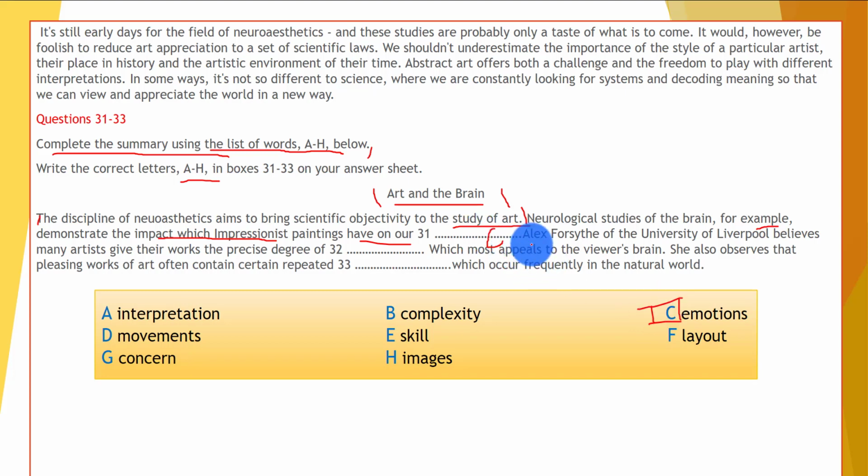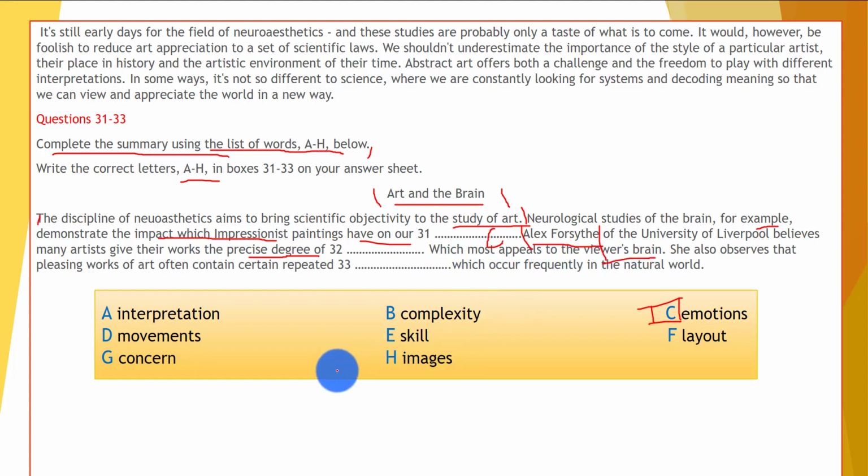Now let's go to the second question. Alex of the University of Liverpool believes many artists give their works the precise degree of something which most appeals to the viewer's brain. Okay, Alex is our keyword, and we're going to scan and look for Alex and read these scientist's viewpoints carefully in order to answer. And also, our second keyword is a precise degree of something which most appeals to the viewer's brain.